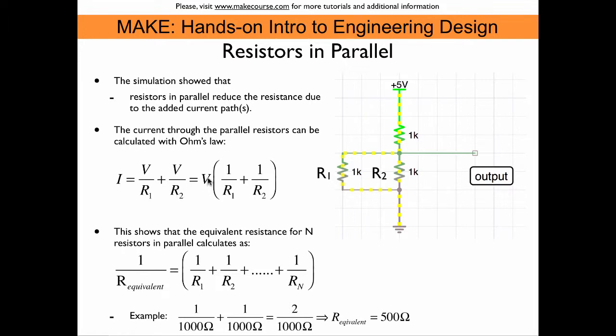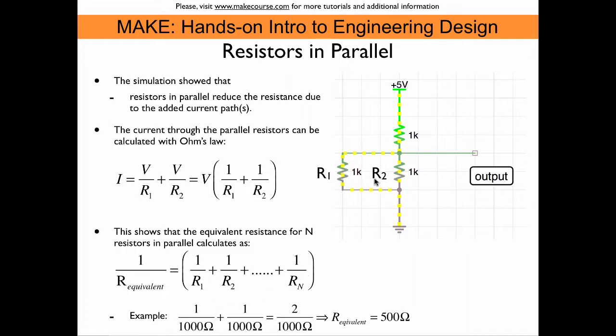And so if we pull the voltage out, then what we're left is just 1 divided by resistor 1 plus 1 divided by resistor 2. So we can generalize this and say that 1 over the equivalent resistor with which we could replace all these resistors in parallel is just the sum of the reciprocal values of all the resistors that we have in the parallel setup.